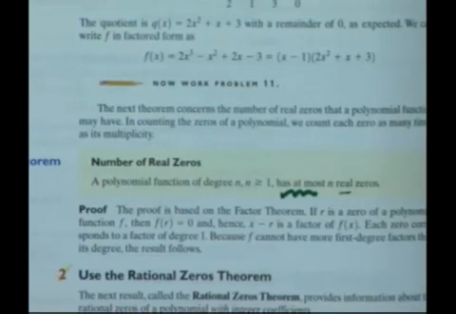All right, so we're in real zeros. Suppose it's a fourth degree polynomial function. How many real zeros might you have? You could have 1, 2, 3, 4. Could you have 0 real zeros?